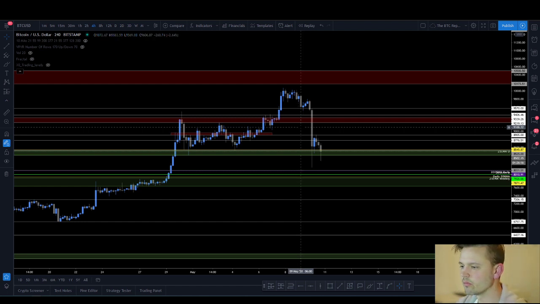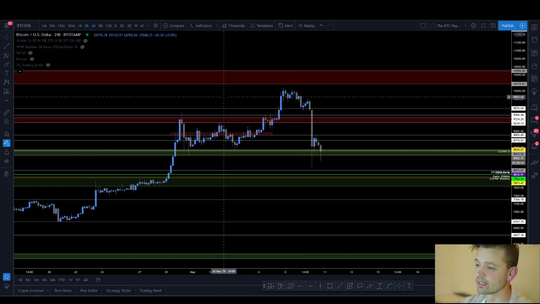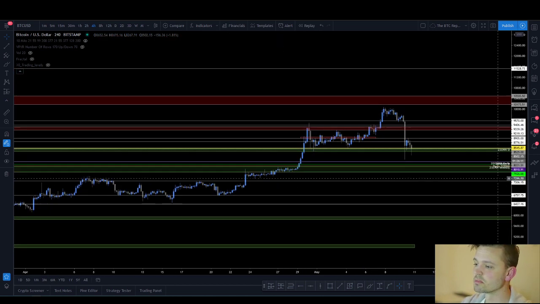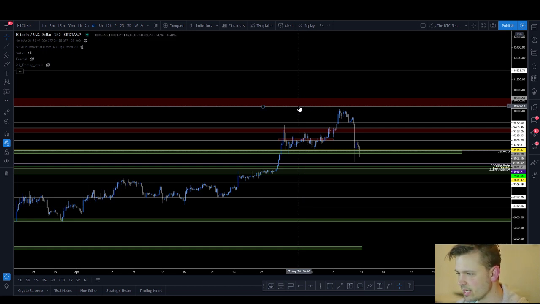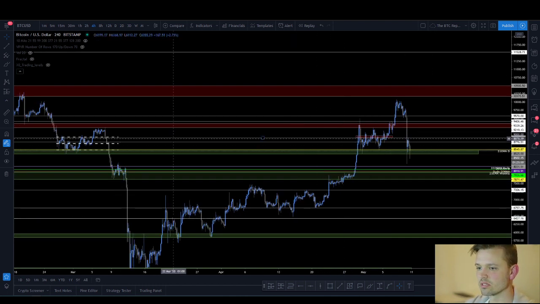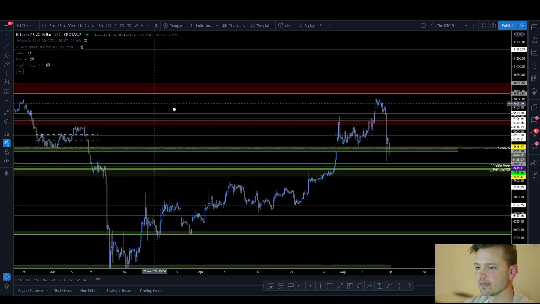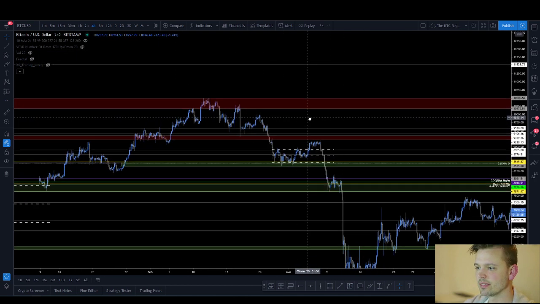And also because it's the most basic way of trading. I'd say 95% of all trading systems are based on these horizontal levels, right? And it's very simple to trade.